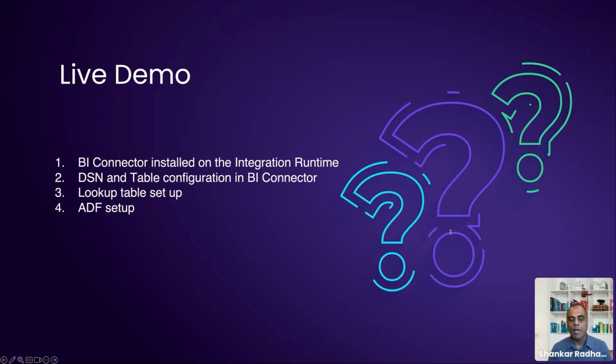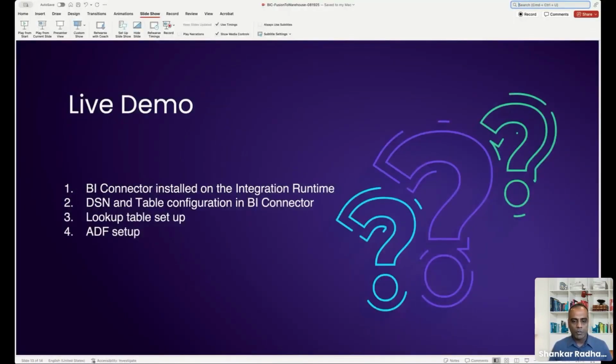Then he will walk through a lookup table setup, where you can automate loading of a large number of tables and views into your ADF environment. And then also he'll walk through how the ADF environment is set up with the templates that we have already built. So with that, I will hand over to Dinesh.